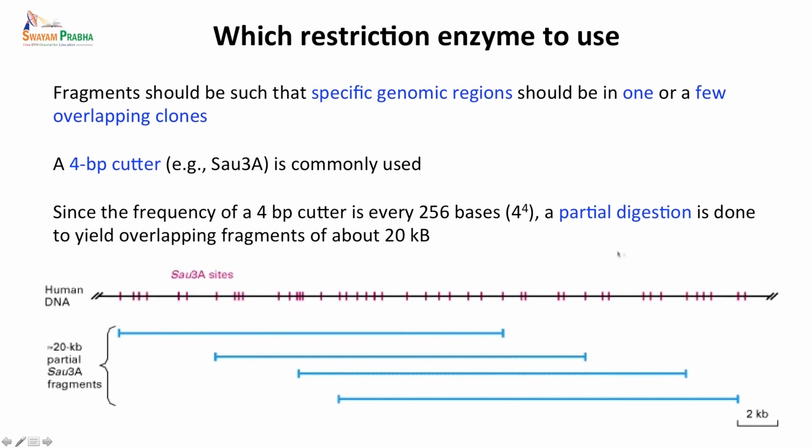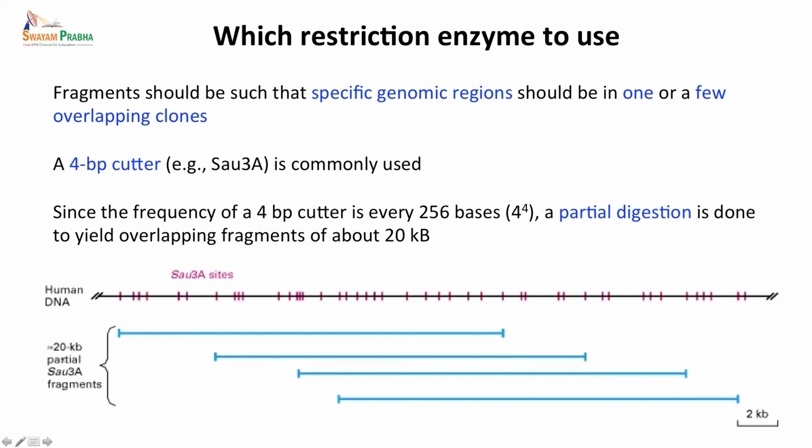A trick that is used by researchers to tackle this problem is to carry out what is known as a partial digestion. This partial digestion is nothing but you dilute the restriction enzyme quite a bit and add very little of that enzyme, and then you withdraw samples and keep checking to obtain the fragment sizes which are desirable.